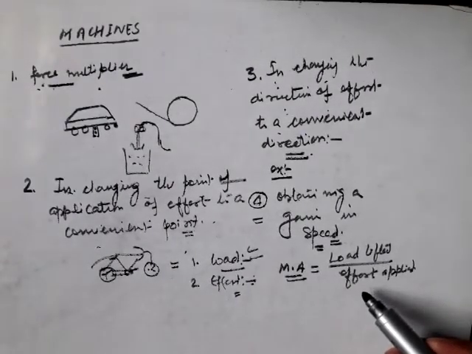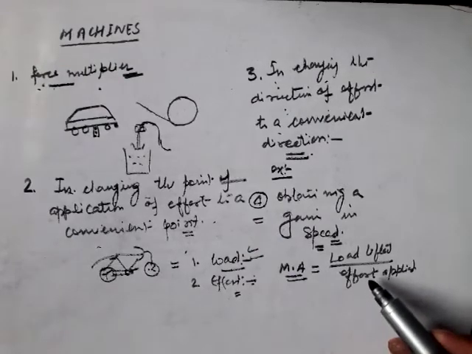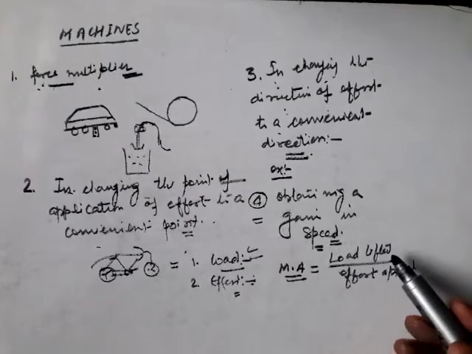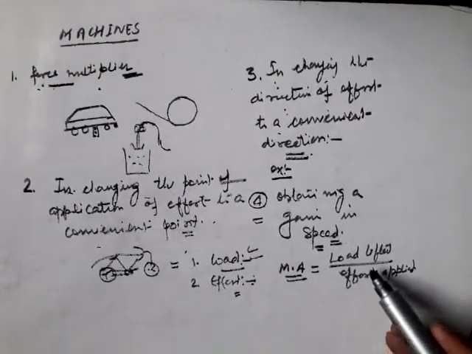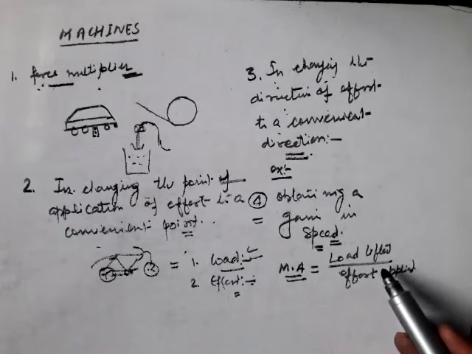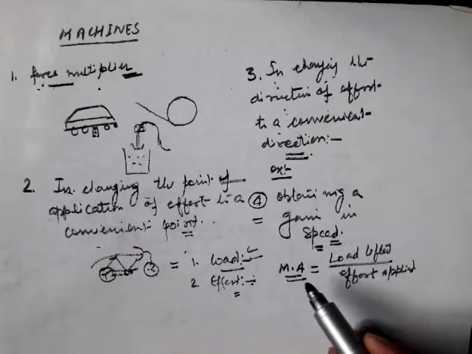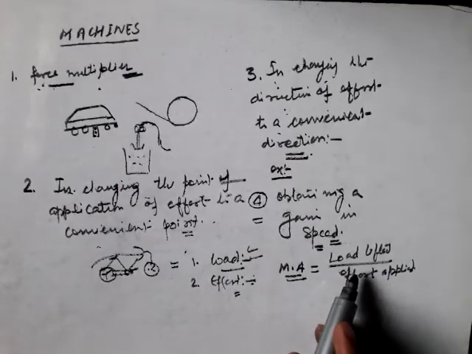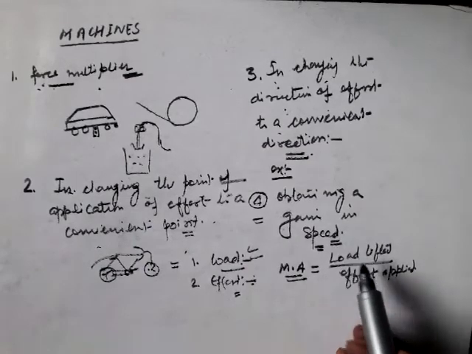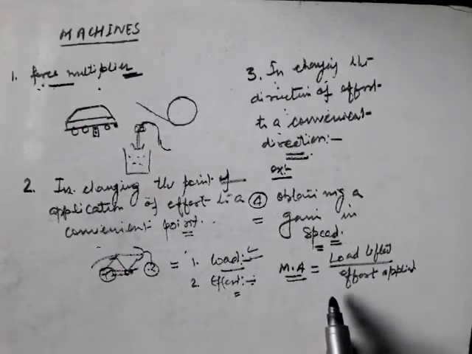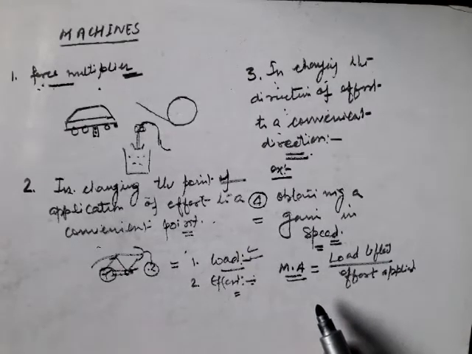Means whatever effort we give to overcome the resistive force, that is the load, it should be lifted. Means while giving less effort, how much load is lifted, that is the mechanical advantage. Okay, so these are the properties of a machine, that is mechanical advantage, and we will also discuss velocity ratio and efficiency.